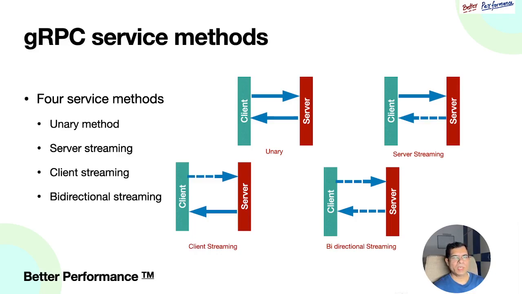Then we have bidirectional streaming, which is the last. In bidirectional streaming, a subscriber or client sends multiple requests and the server starts consuming them and providing responses. It goes ping pong, where the client sends one request or a series of requests and the server chooses to send the response immediately or later.